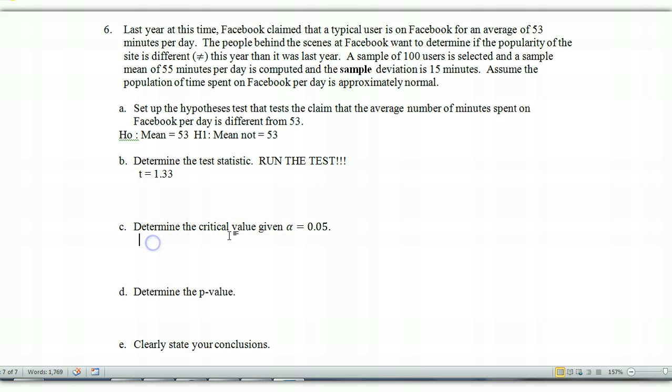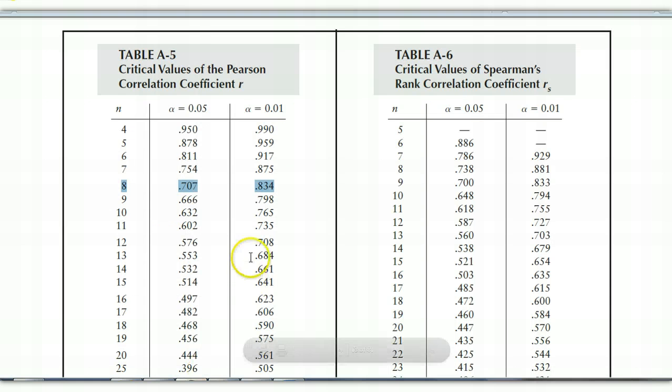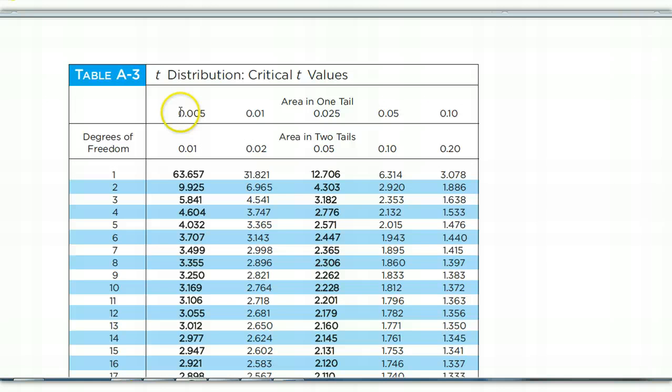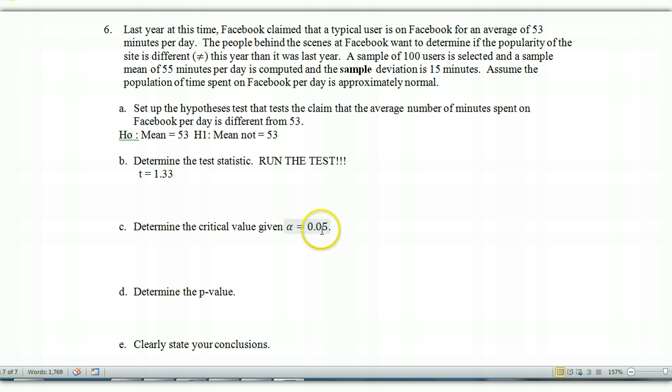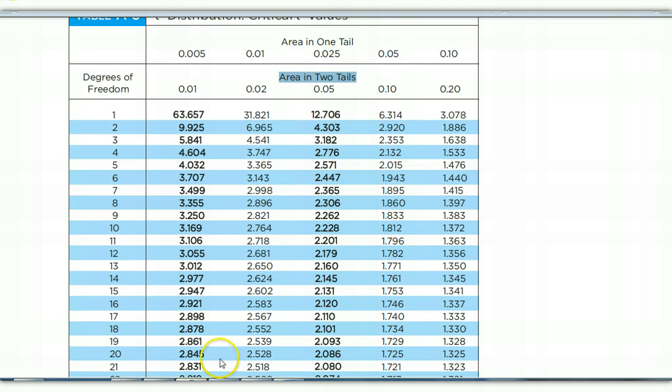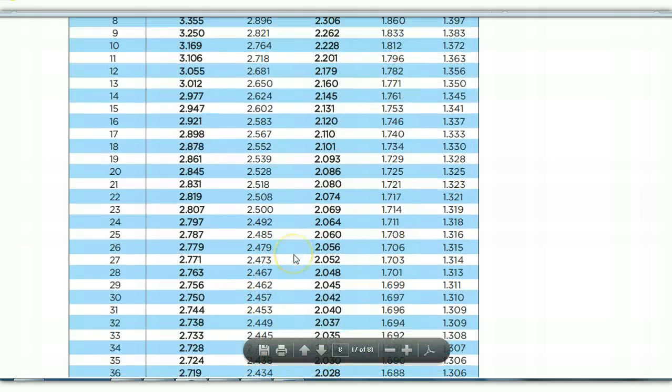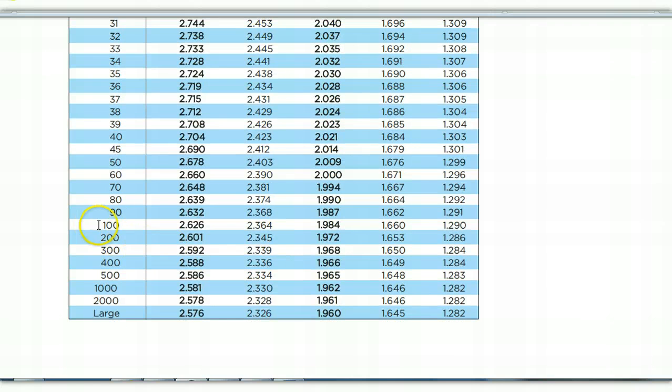Alright, determine the critical value given alpha equals 0.05. Remember, your critical value in a t-test is given by the table. So here are our critical t-values. This is a two-tailed test because of the not equal to. They tell us our alpha value is 0.05. Our degrees of freedom, there's not a 99 on here, so we use the closest one to it.